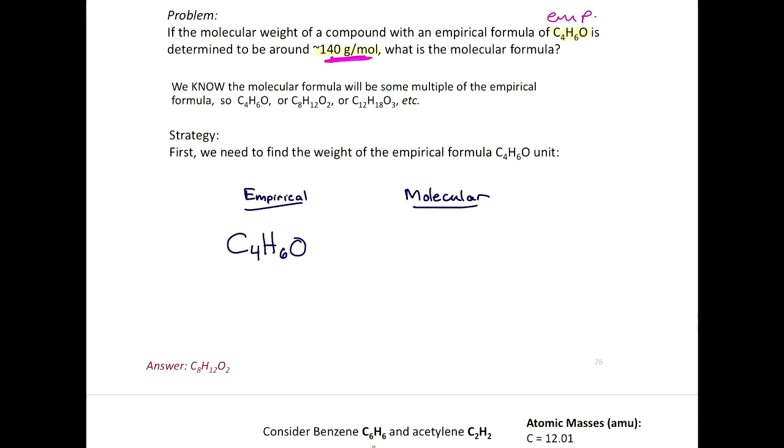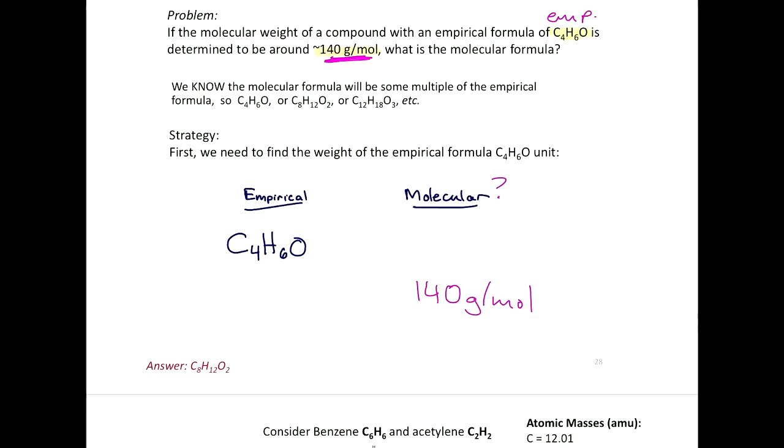So I'm trying to figure out my molecular formula, but I know that my molecule weighs 140 grams per mole. So let's calculate how much my empirical formula weighs. We can just be really eyeball-y here because we're just trying to figure out how to scale it. We're not calculating perfect mole amounts here.